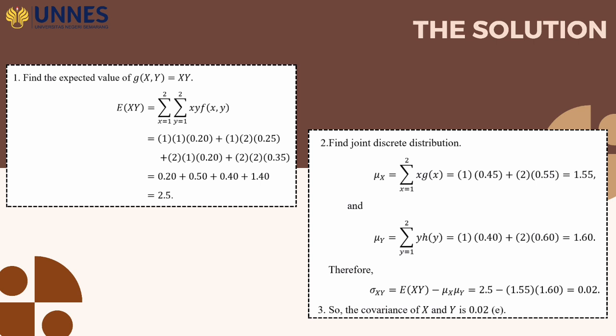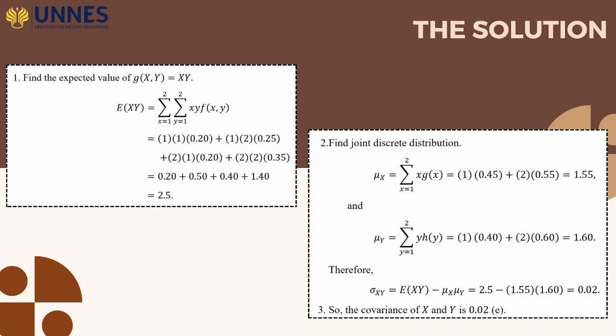Now from the joint discrete distribution, we must find mu x and mu y. Mu x equal sum x equal 1 until 2 of x g(x) equal 1 times 0.45 plus 2 times 0.55, we have 1.55.